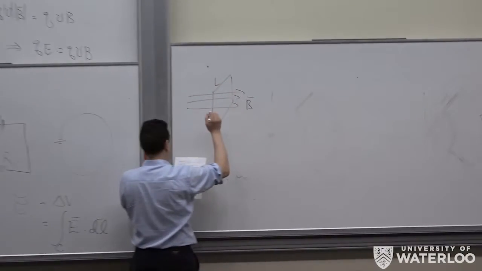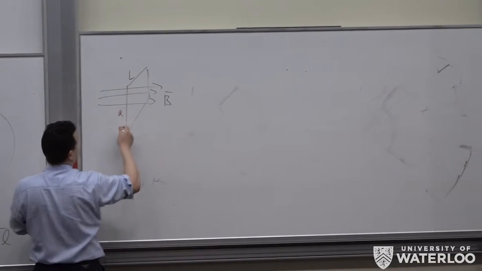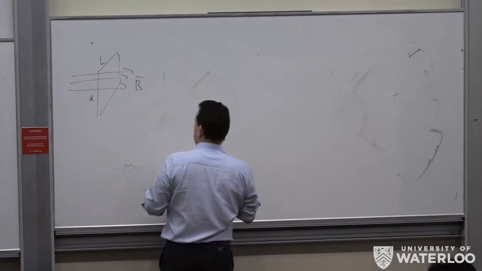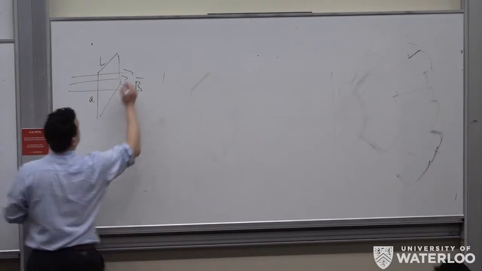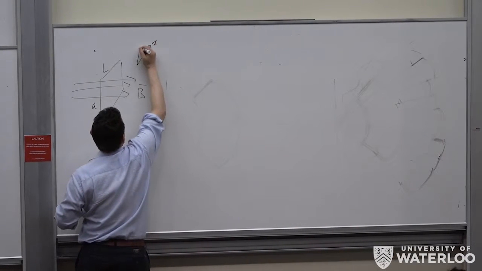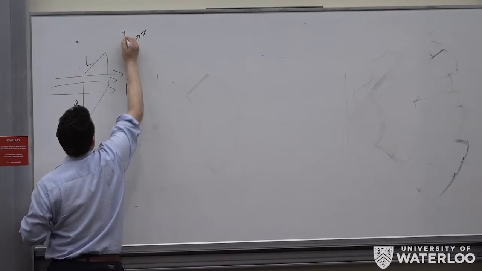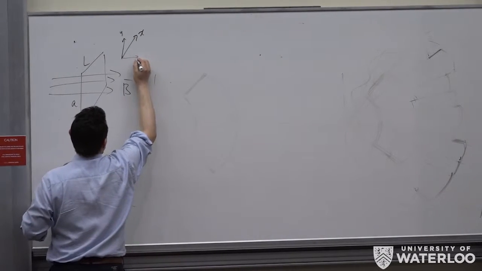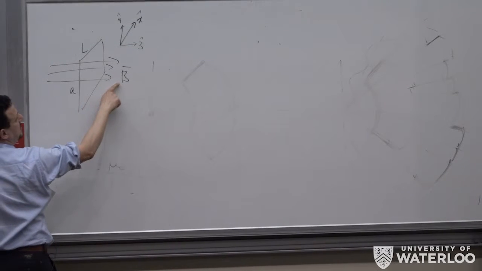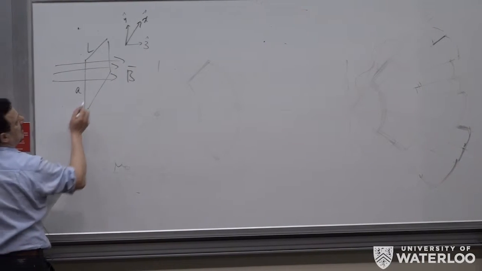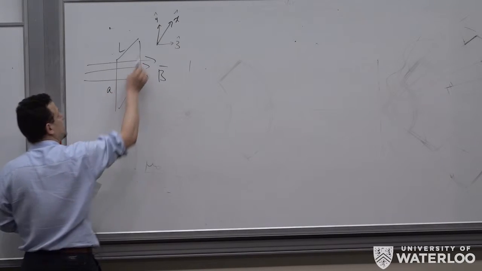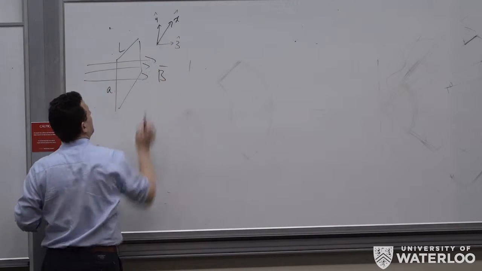So it has a length L and a side A with depth L. Looking from the side, let's say this direction is X, this direction is Y, and that direction is Z. For this scenario, B is in the Z direction, the dimension A is along the Y direction, and L is along the X direction.